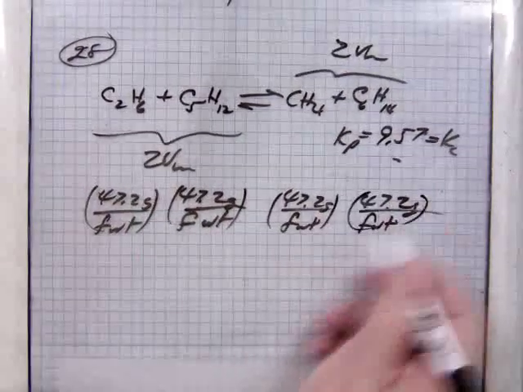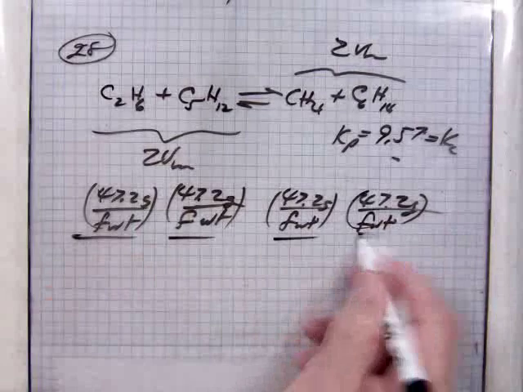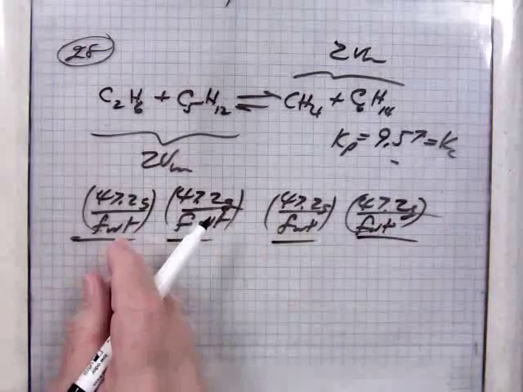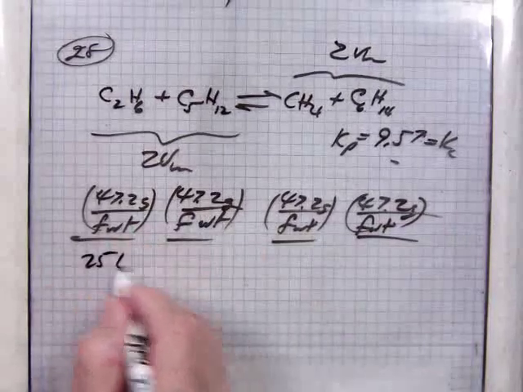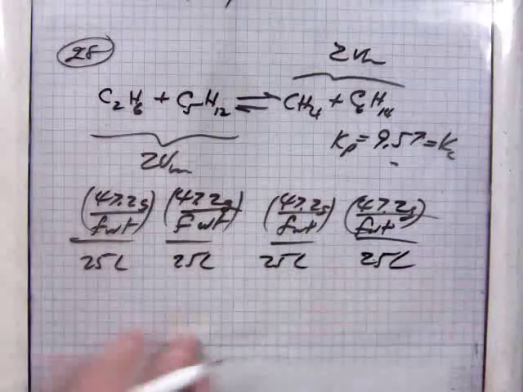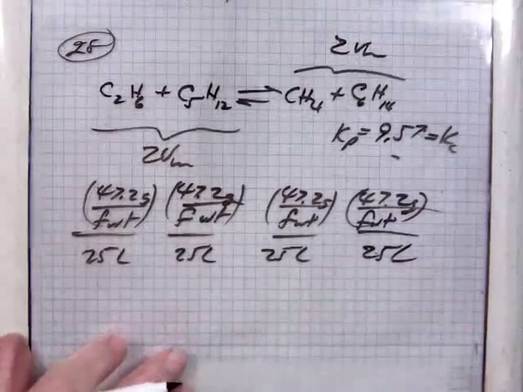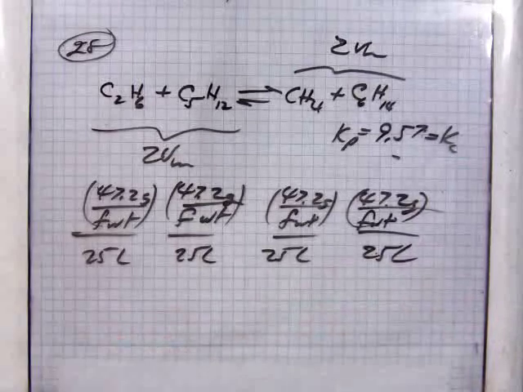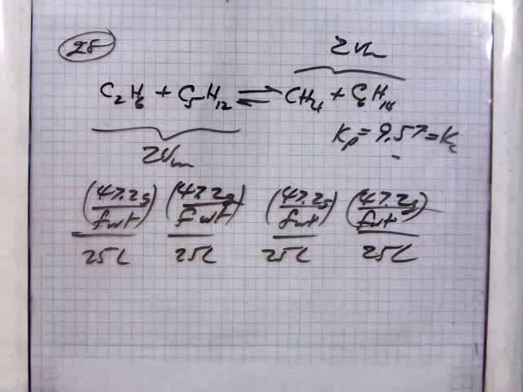Then you divide those by the volume, the 25-liter vessel. Once you get them in molarities, that gives you the moles per liter that you're mixing together.